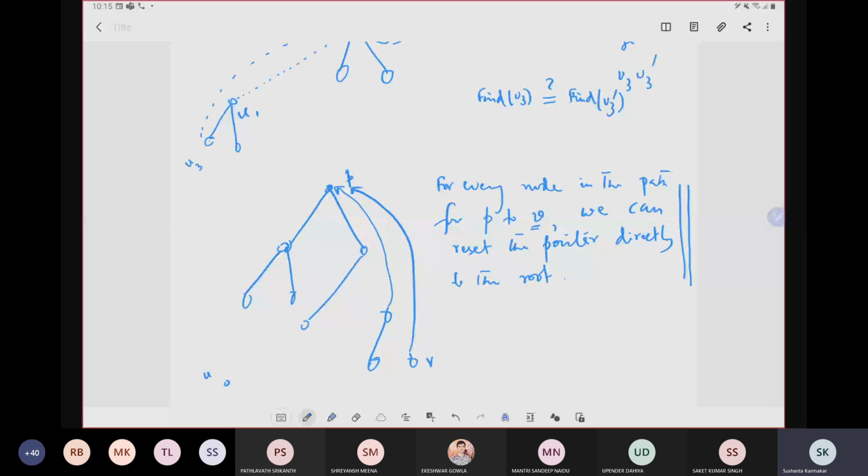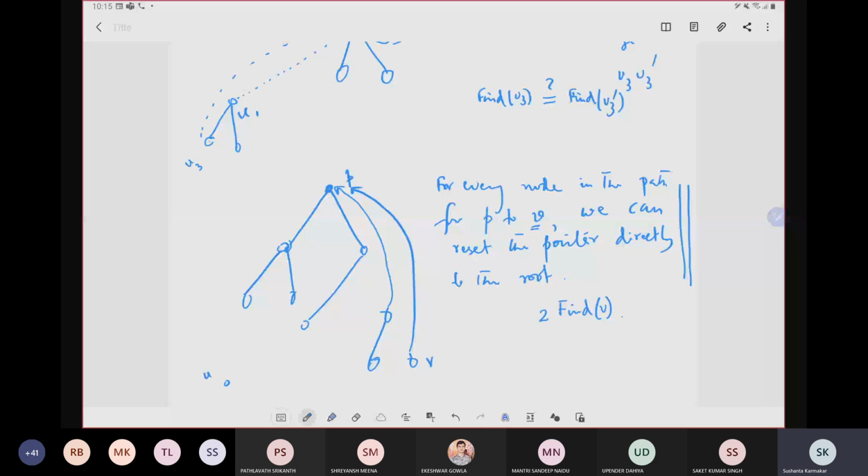And when I try to reset these connections directly to the root node, I again travel another log n. So it results in 2 times the find V. Nothing more than that. 2 times because the same path I just reset. Once I check the root until I reach null, and the second time I reset the pointer straight to the root. So 2 times I traverse this path.